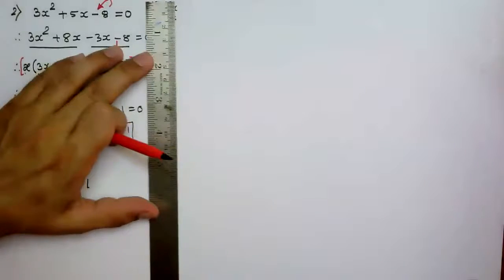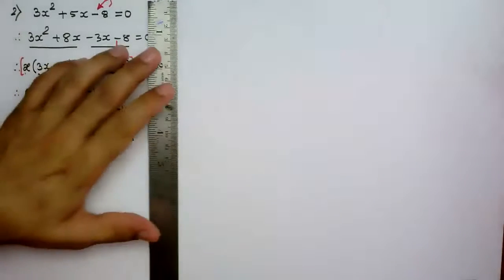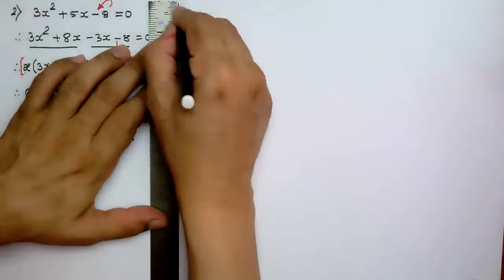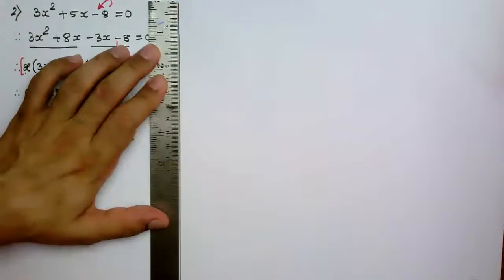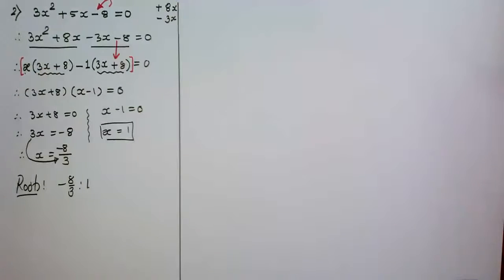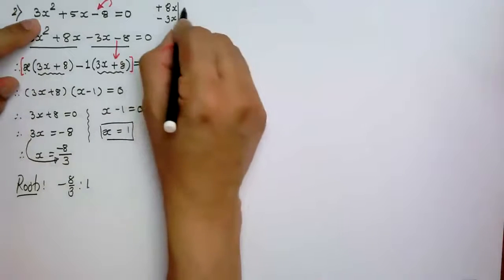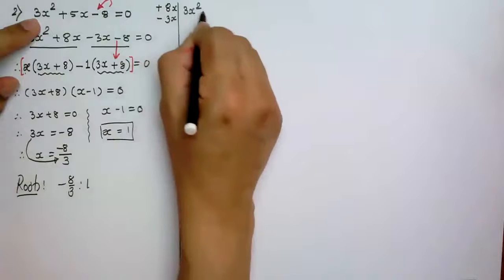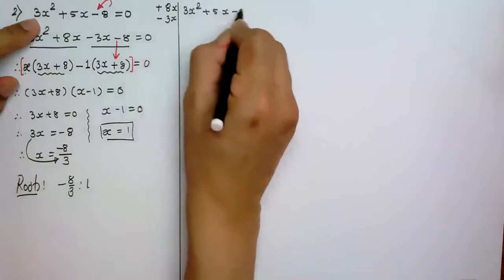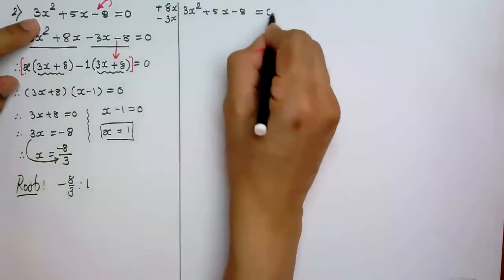But I can solve the same equation by formula method. Take the equation, that is 3x squared plus 5x minus 8 is equal to 0.